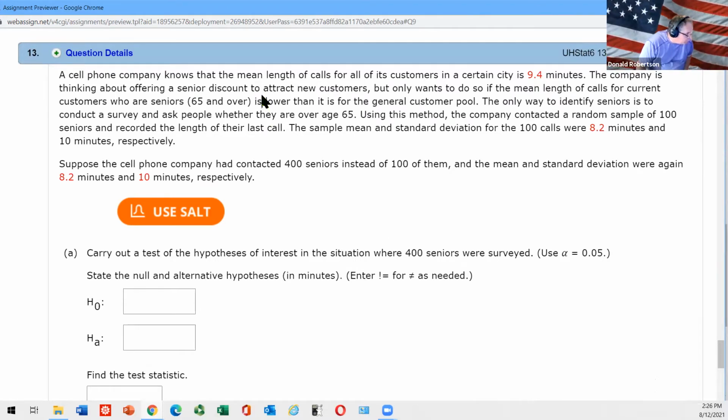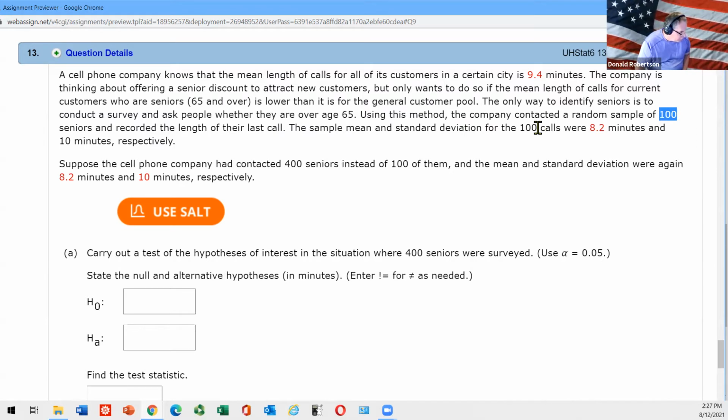A cell company knows that the mean length of call for its customers is 9.4 minutes. So you've just told me that the population mean used to be or is 9.4. They're thinking about doing a discount for older folk. And using this method, the company contacted a random sample of 100 people, right? There's that, 100 people.